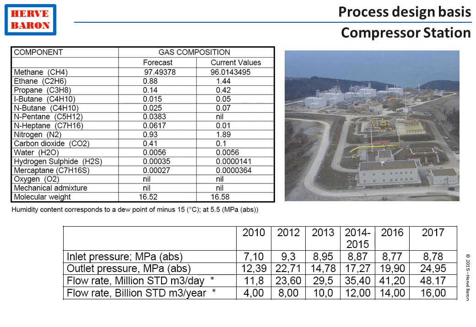Once the design basis is nailed down, the process engineer can start their work, which is to define the process scheme that will be most suited to transform the feedstock into the required products.